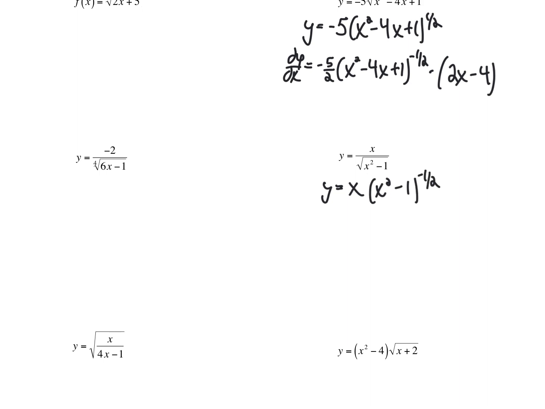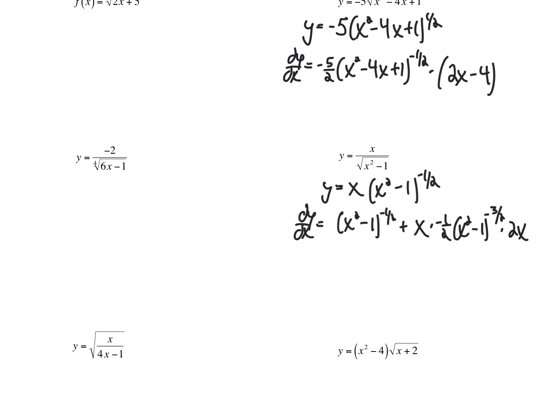So if y equals x squared minus 1 to the negative 1/2, all times that x out front, dy/dx equals, don't forget we have the product rule, so the derivative of x times the original function, so it's 1 times x squared minus 1 to the negative 1/2, plus x times, now this is where you have to be careful, negative 1/2 times x squared minus 1 to the negative 3/2 times 2x.